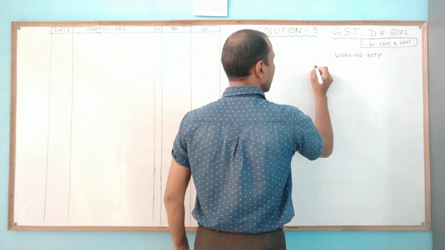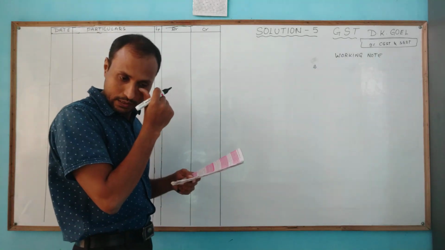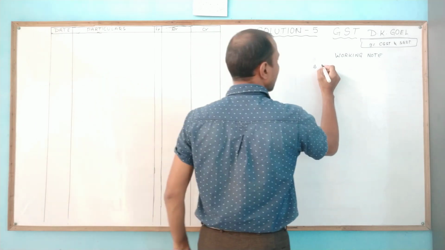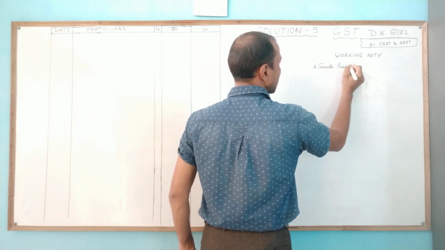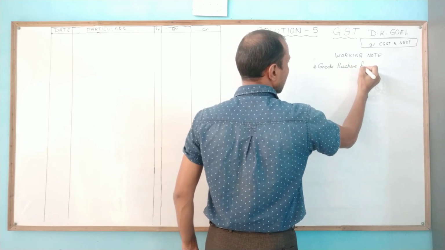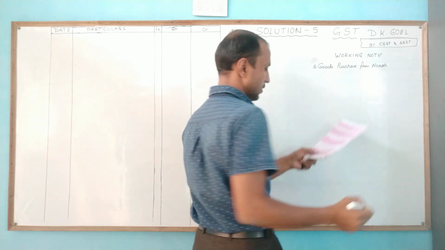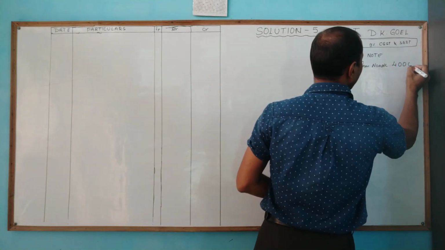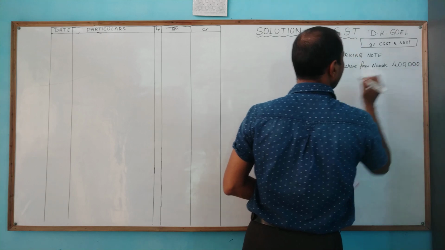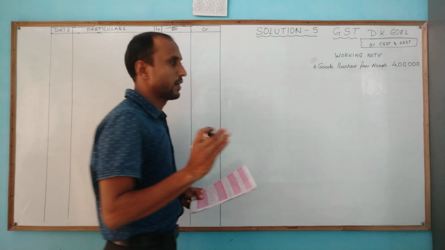So the first entry, what is it? What is purchase? It is what we have purchased. So goods purchased from Nanak, of cost 4 lakh rupees. Once we have purchased the goods, automatically we have to reduce the trade discount from here.